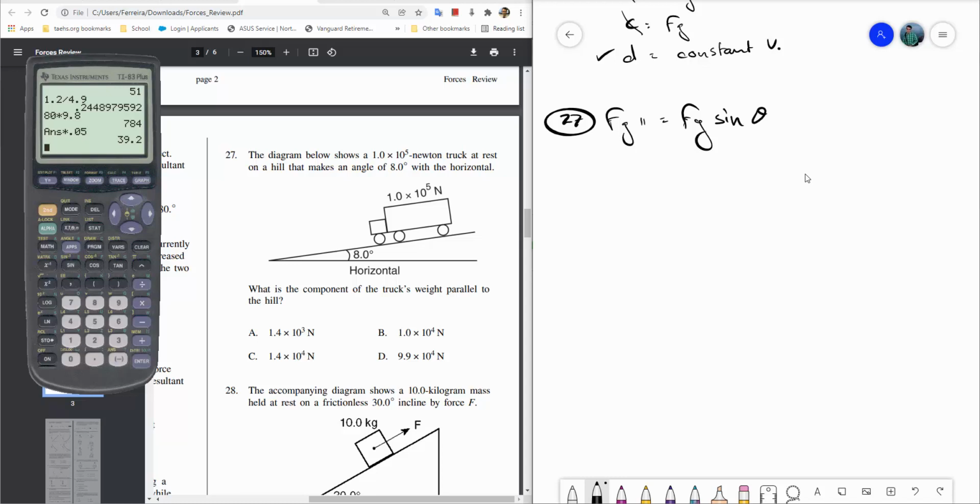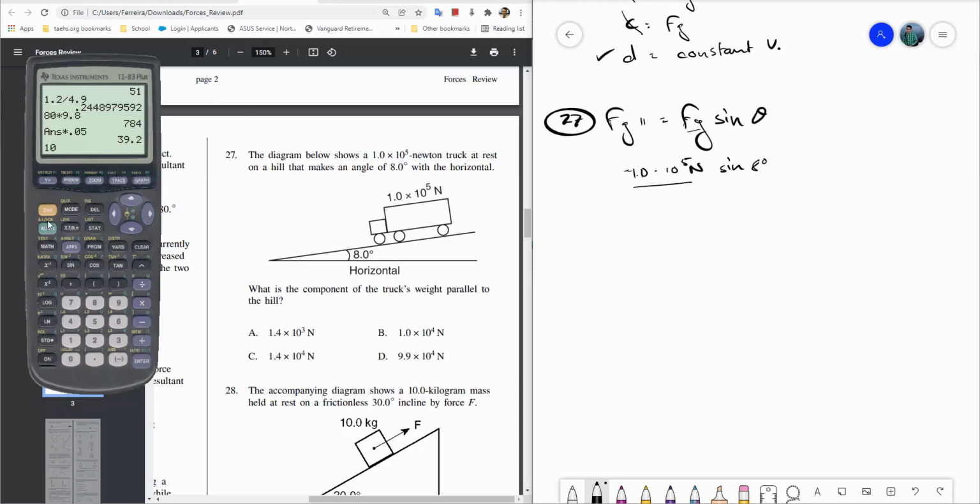The force of gravity they gave you is its weight, the 1 times 10 to the 5 newton truck. That's the force of gravity, times the sine of the angle of 8 degrees. That's going to get you the force of gravity parallel.